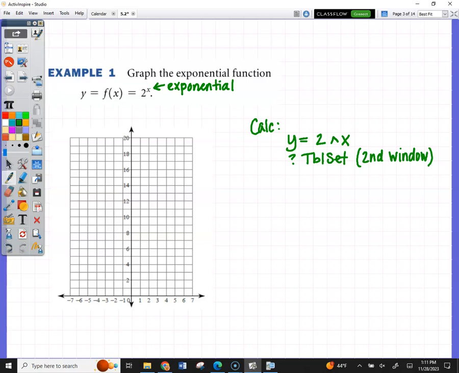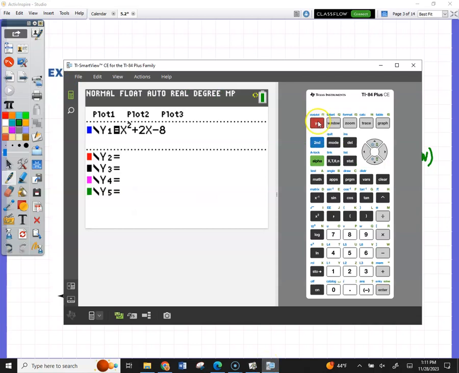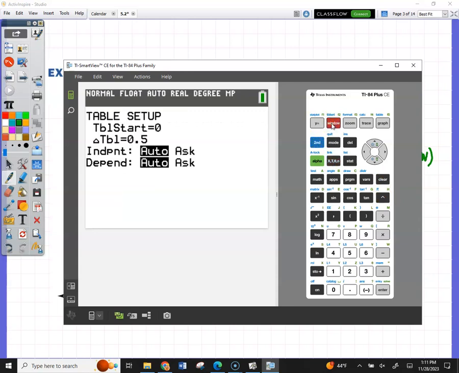So if we look at it, I'm going to go to y equals, and I'm going to put this in here. And then now I'm going to table set. So second window. Mine's saying it's going to start at 0. I don't want it to count by halves. That's from that last problem we did. I want mine to count by 1.